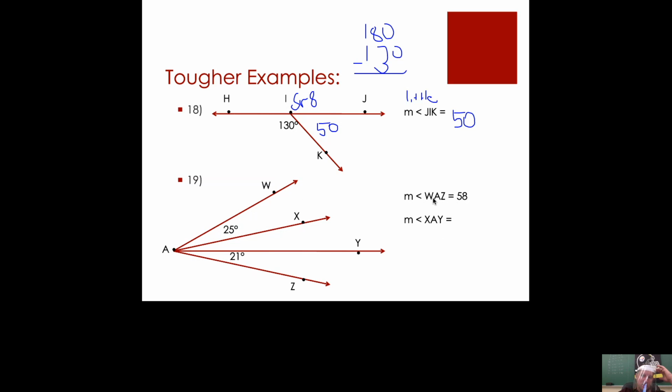They're telling you the measure of angle WAZ is 58. That's the whole entire thing. So I'm putting this bracket here for the whole entire angle, 58. So that means the 3 little angles have to add together to give you 58. What is the measure of angle XAY? That's this little angle right here. So again, you could write little here.